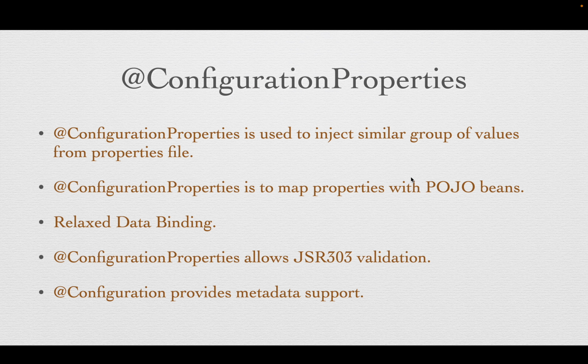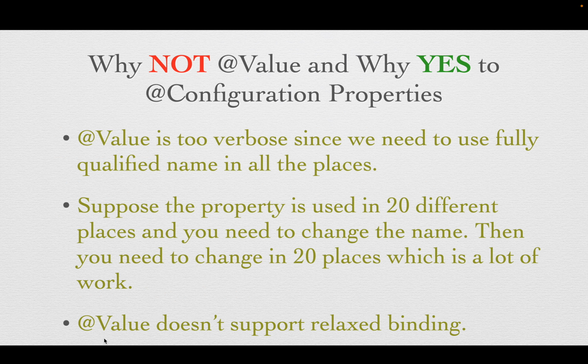Also, @ConfigurationProperties is used to map properties to POJO beans, as I told earlier. If it is employee address with ID, name and pin code, I can map this whole address information into the POJO beans. So I can use @ConfigurationProperties to map my properties in the YAML file to the POJO beans. Also, it supports relaxed binding, whereas @Value doesn't.